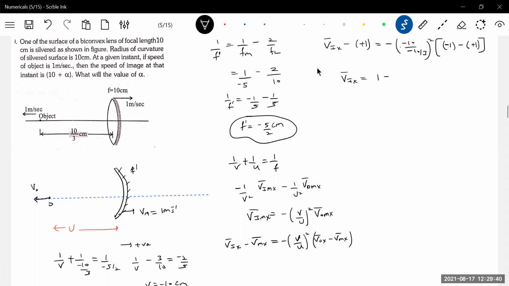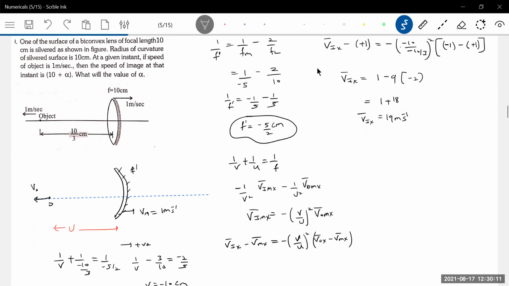This will be minus 9, minus 2. 1 plus 18, 19 centimeter, all these are 19 meter per second. So it should have been alpha will be 9.